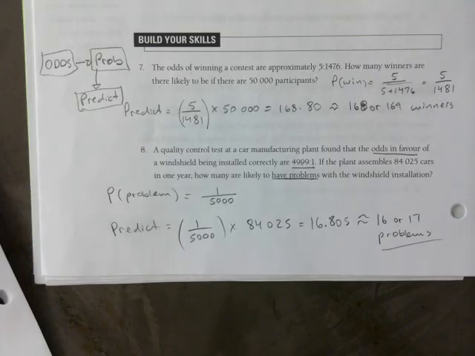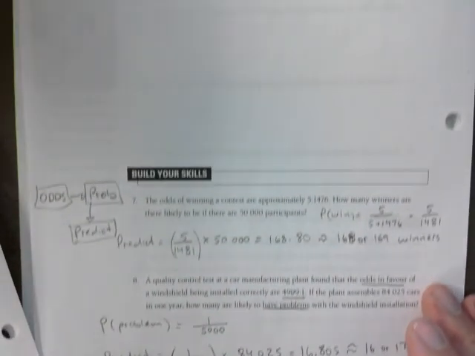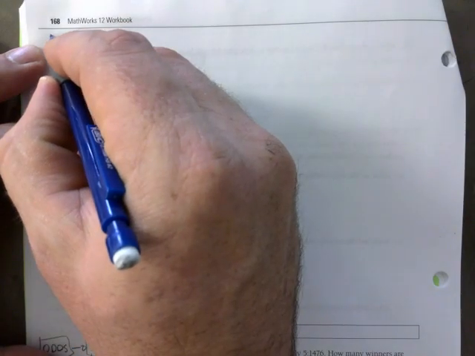Value. Okay, so 168 at the top. So you're going to write this down here, nice and big: expected value.